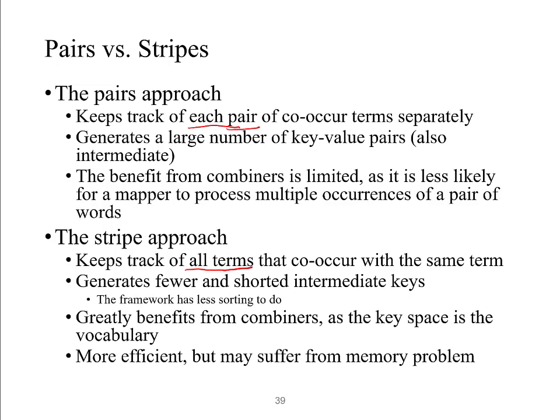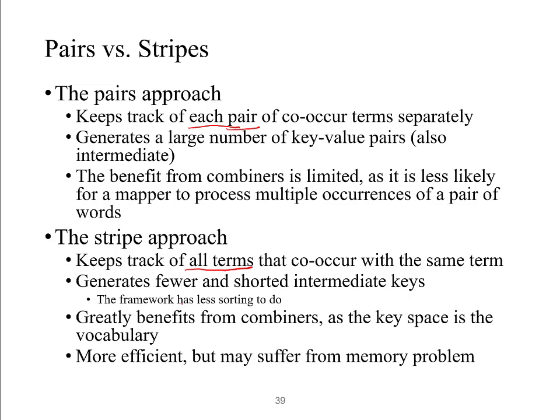The pairs approach generates a large number of key value pairs, which are also the intermediate results. The stripes approach generates much fewer and shorter intermediate keys. In this case, the framework has less sorting to do.